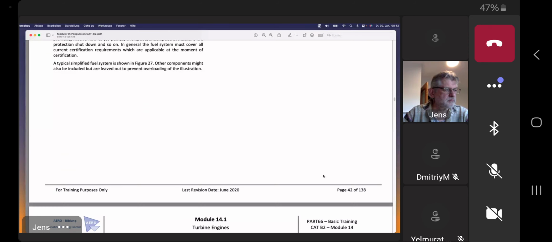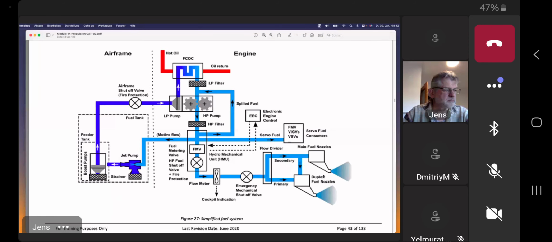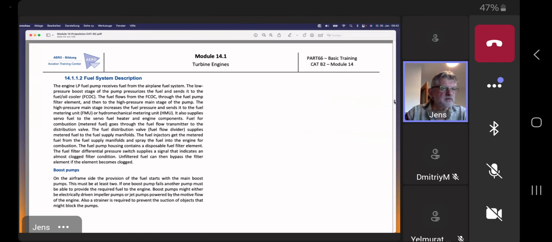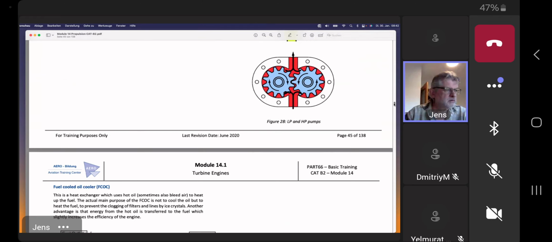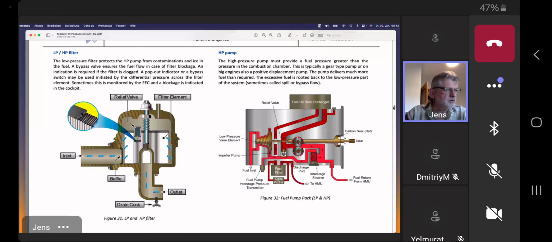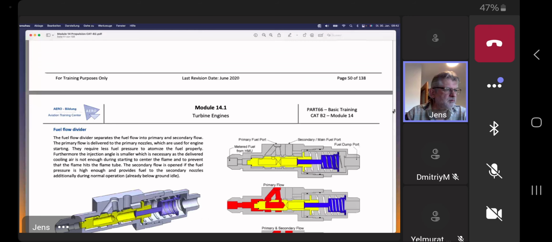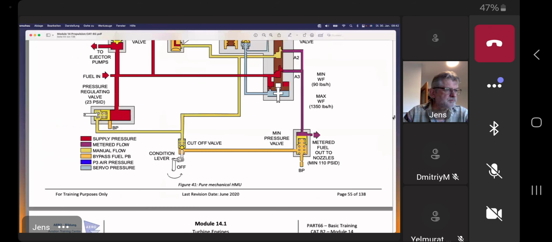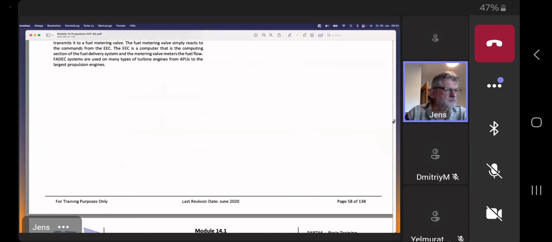Fuel system. Nothing about compressors. I think the order in this handout, let me check. We have to go through some hardware here before we go into the fuel system. That's strange.